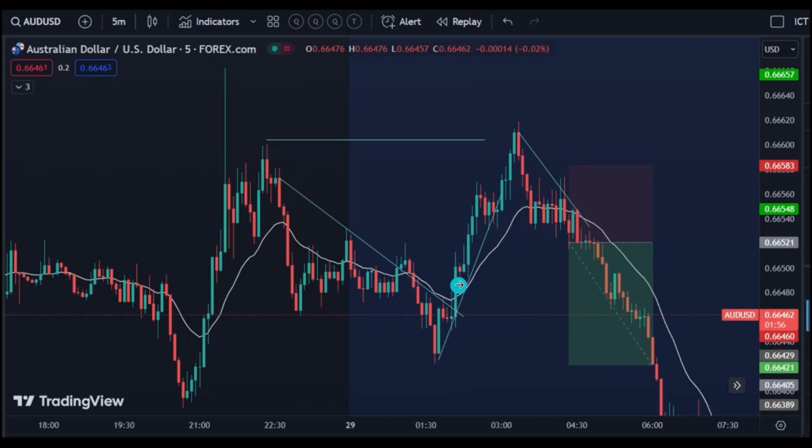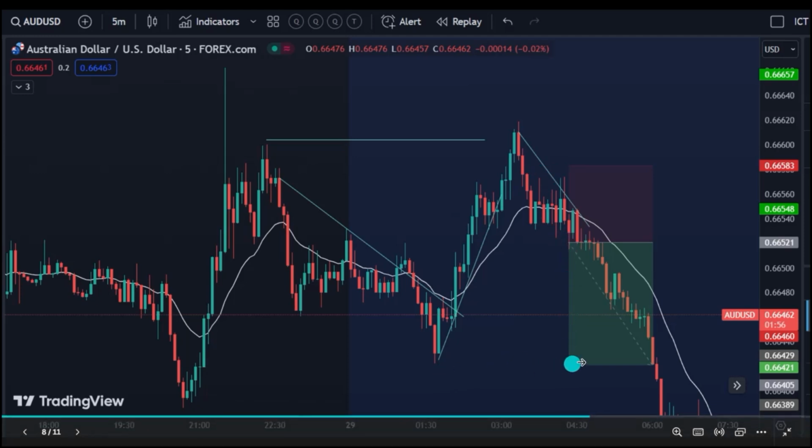This is a 1, 2, 3 trend line touch. It also does not cross below the 20 EMA and come back above. Price takes this liquidity and then breaks this trend line and comes back for one touch of our new trend line. Then it comes back for another touch and then crosses below the 20 EMA. We enter there, stop loss above the second touch, and we get our 2-to-1.